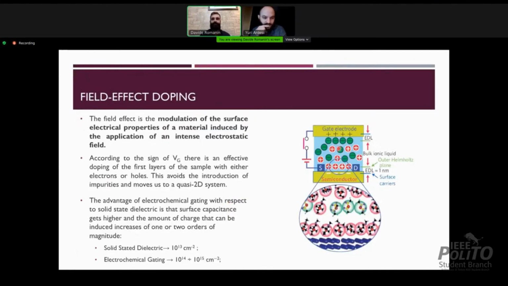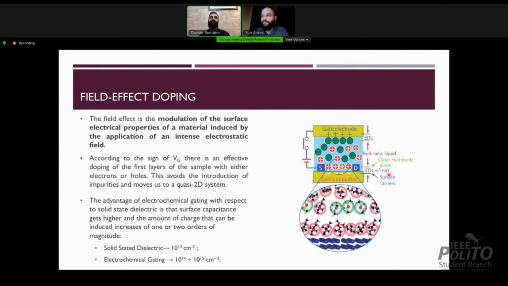So the better the electrolyte, the better is how charges can move and accumulate. Then there is a second problem, which is an intrinsic problem of the material, called quantum capacitance. You have a sort of capacitor due to the system itself, which is in series with the capacitance of the ideal one.